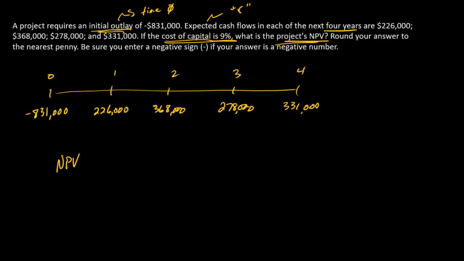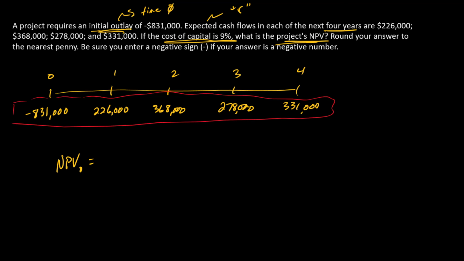We can say the NPV at time zero is the present value of all of these one at a time added up together. So the present value of a time zero cash flow is just that cash flow. We need neither discount nor compound. Here's the present value of the first one.